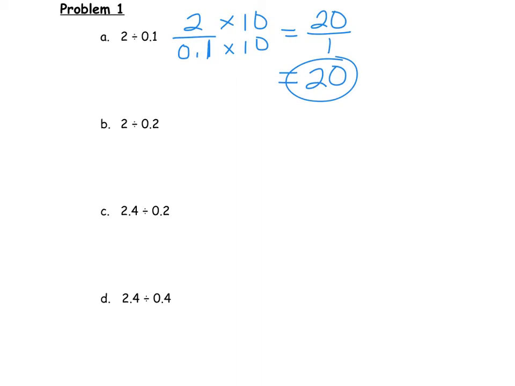Part B, 2 divided by 2/10. So we're going to write that as a fraction. So 2 divided by 2/10. So that 2 is in the tenths, so I'm going to multiply by 10.